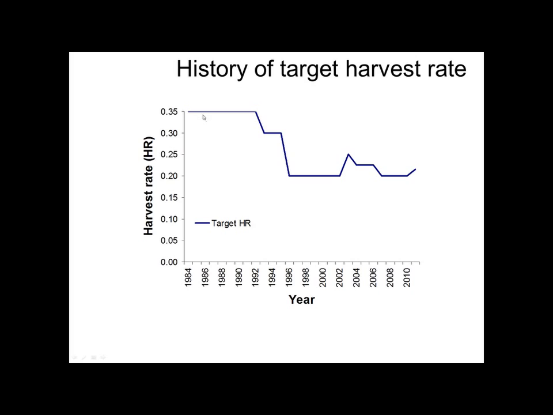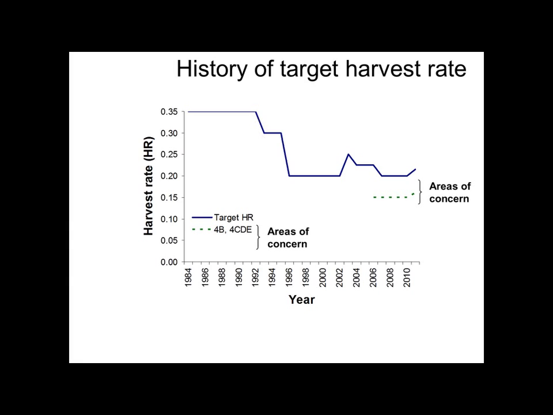We just focus on the overall target harvest rate, the one that was developed by the harvest policy at different times. It has come down from a high in the 80s and early 90s of 35% of exploitable biomass. At that time, they were using a different estimate of natural mortality, and it was brought down in part due to changes in natural mortality and other considerations regarding the assessment.